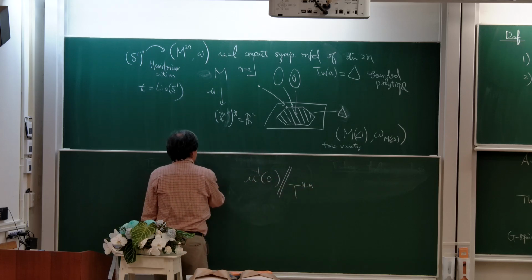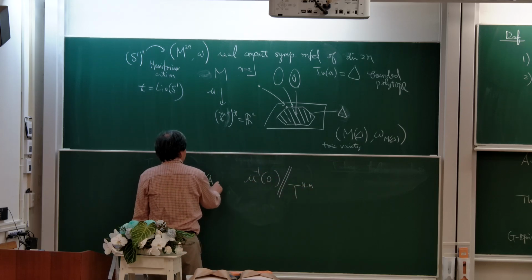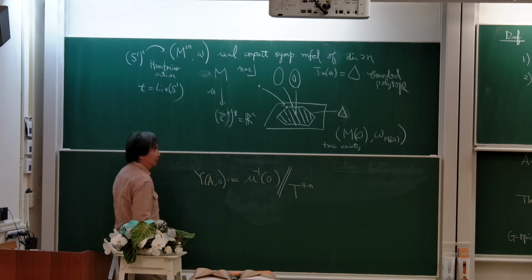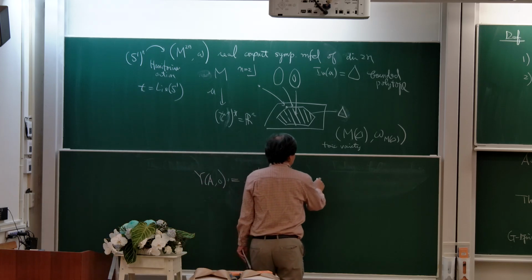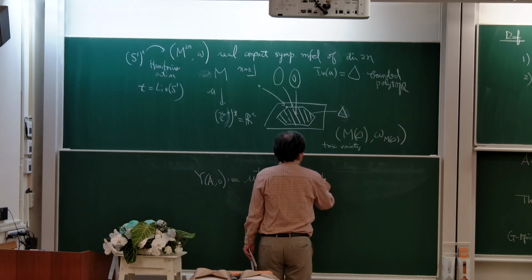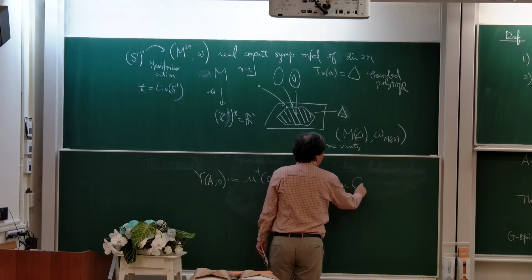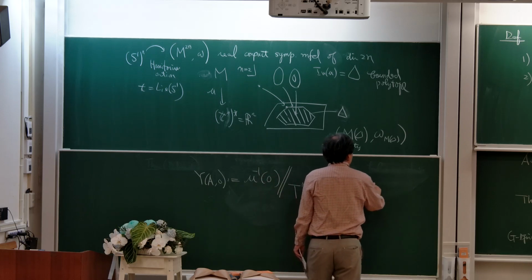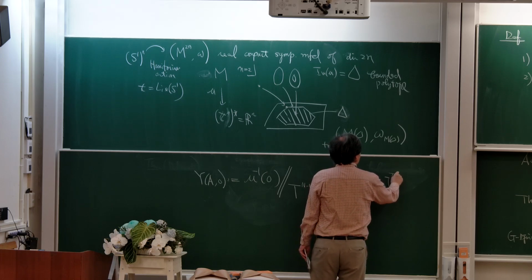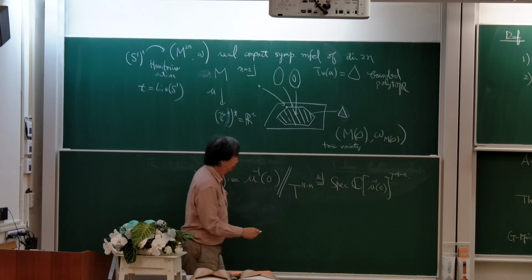We call it Y_A^0. This is an affine variety. By definition, this is the spectrum of the coordinate ring of the G-invariant part.